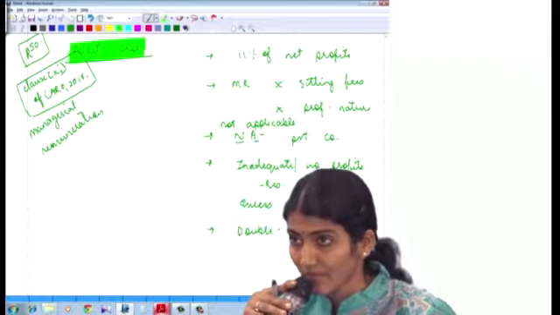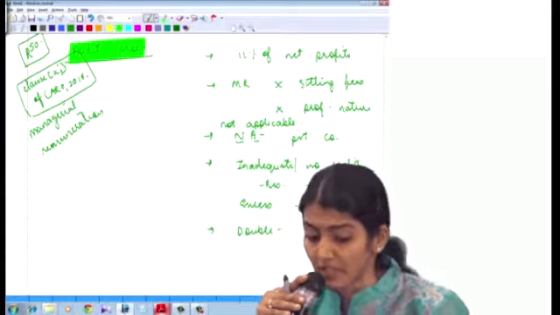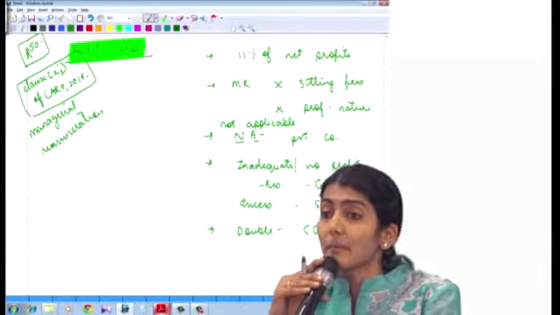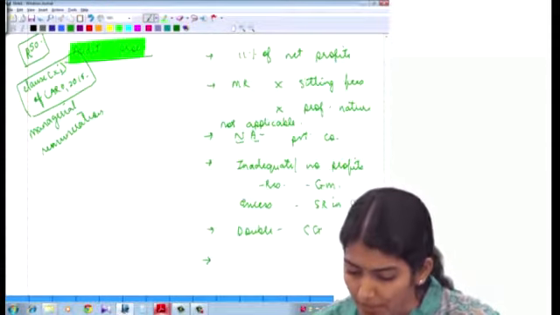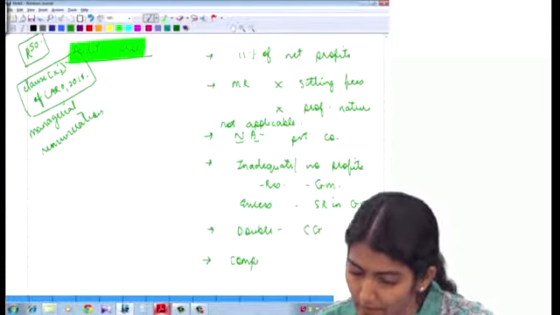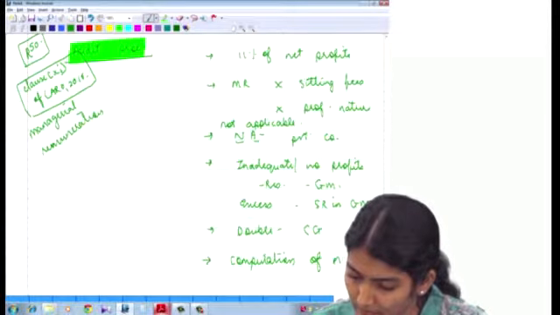Right, so that is regarding the managerial remuneration, and then you can also write regarding the computation of net profits. Right, one more point you can add over here is regarding the computation of the net profits.